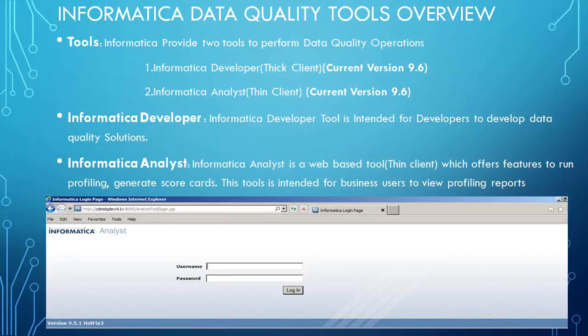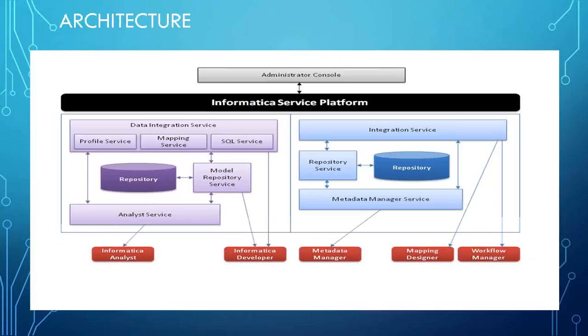We will jump into the next slide, which is the architecture. Nothing really changed when you compare it to Power Center or any other Informatica tools from the architecture point of view. On top is the administrator console, from where an administrator can log in, create users, and bring the services down.